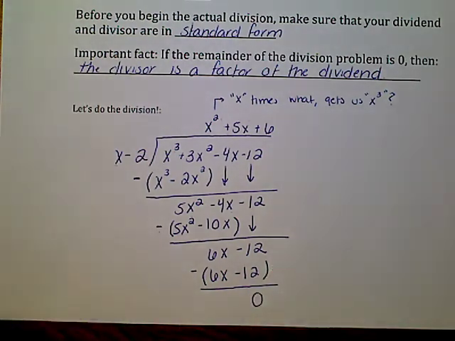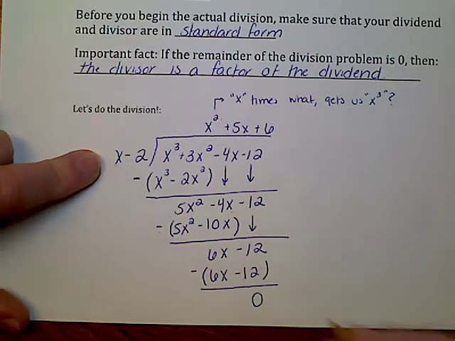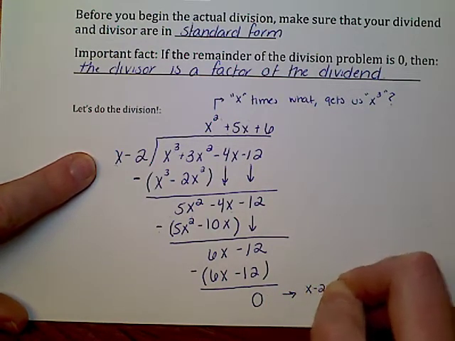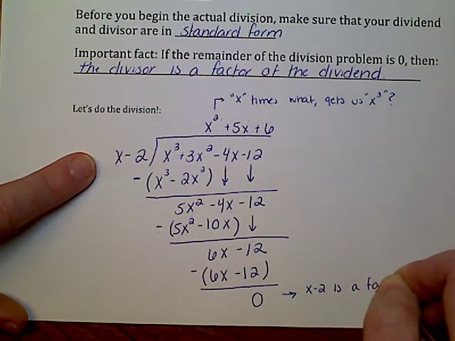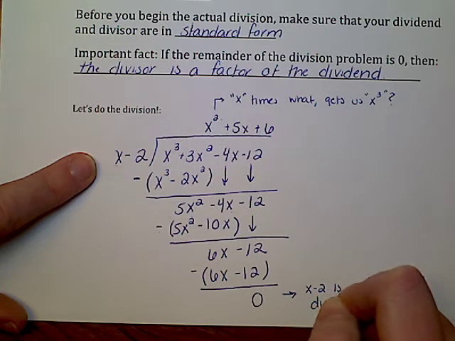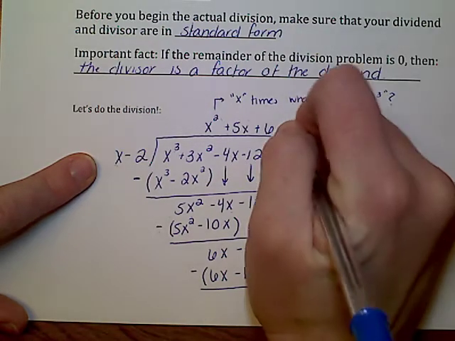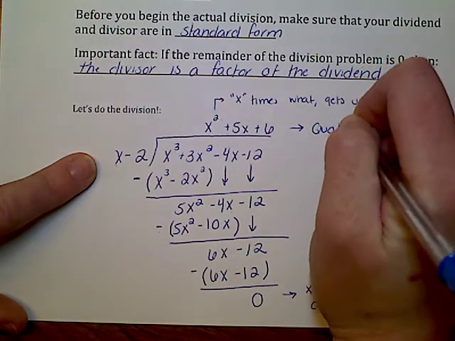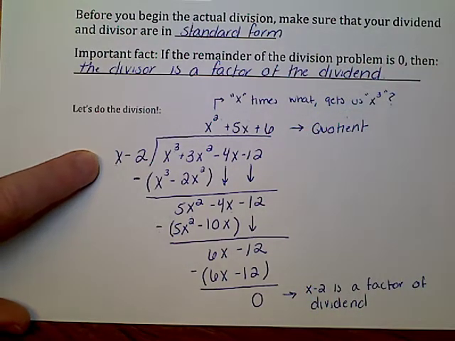I get a 0, so I get a remainder of 0. Because that happened, I know that x minus 2 is a factor of the dividend. And x squared plus 5x plus 6, that's my quotient, which is also a factor of the dividend.